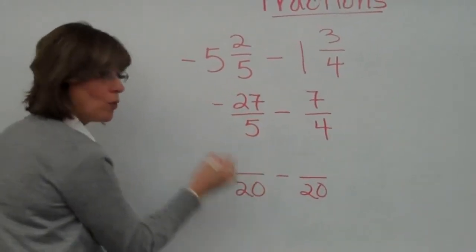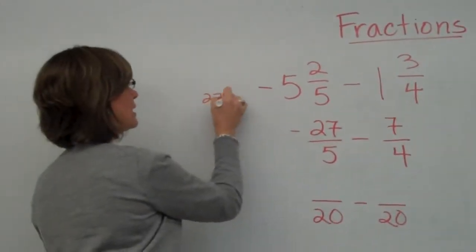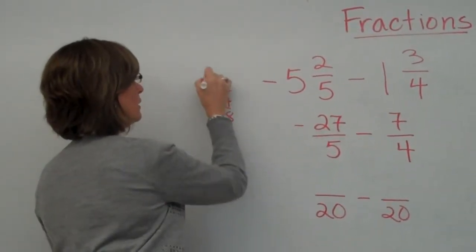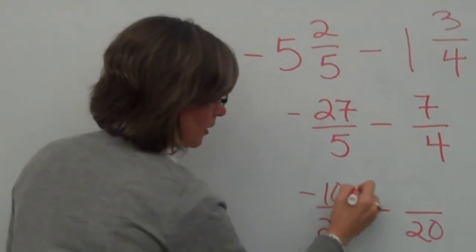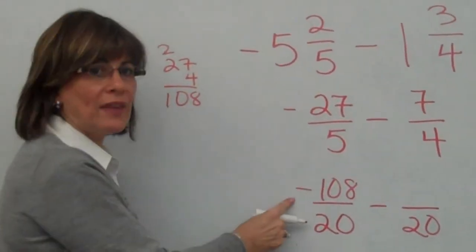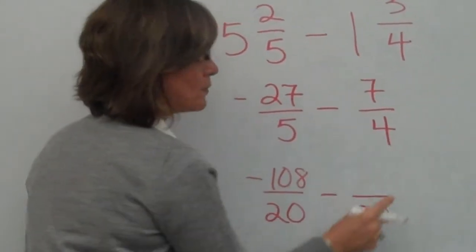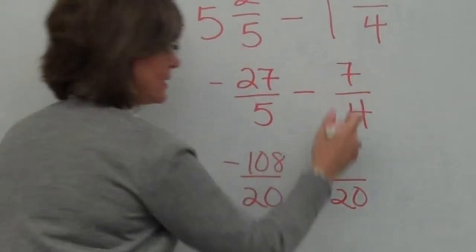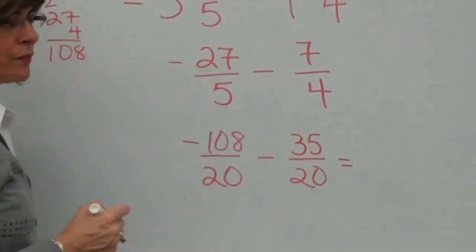5 times 4 is 20, meaning I have to multiply 27 times 4 and get 108 for this numerator. Did you notice that I didn't forget the negative sign? You have to have that in there. 4 times 5 is 20. 7 times 5 is 35.